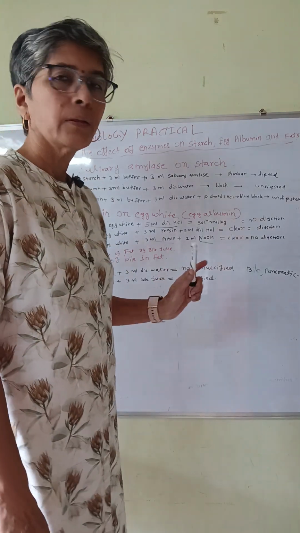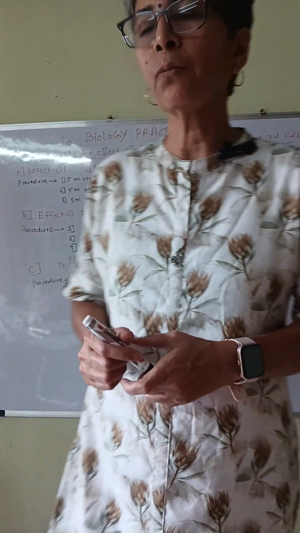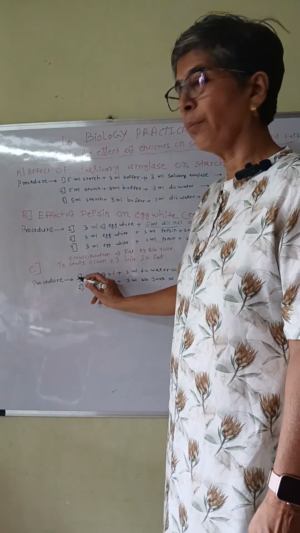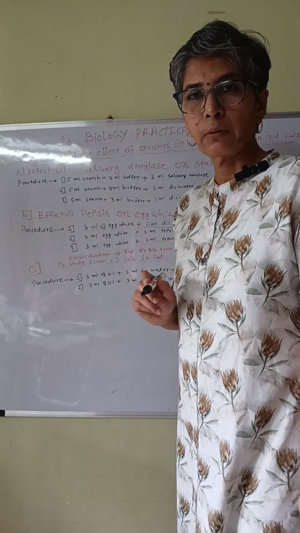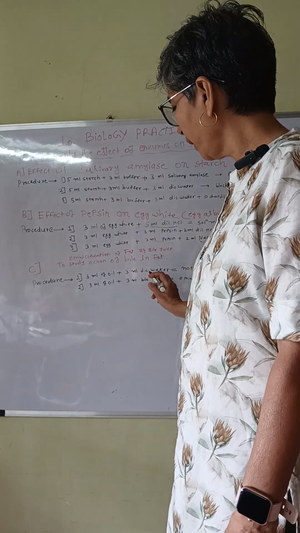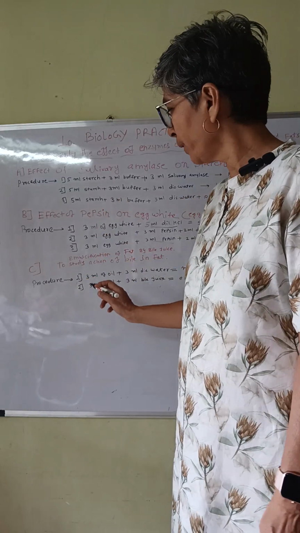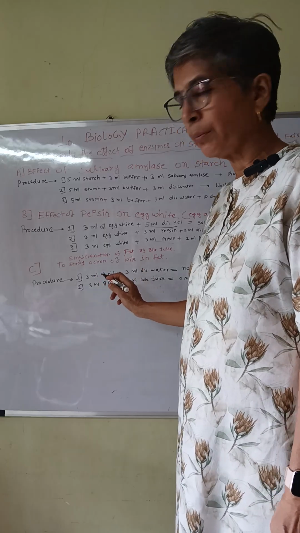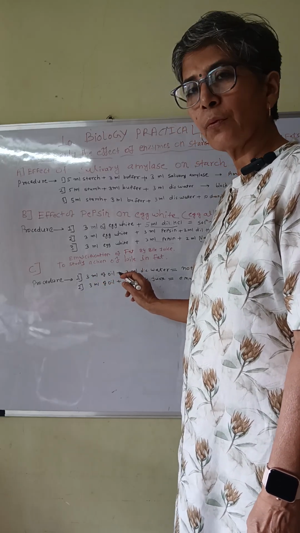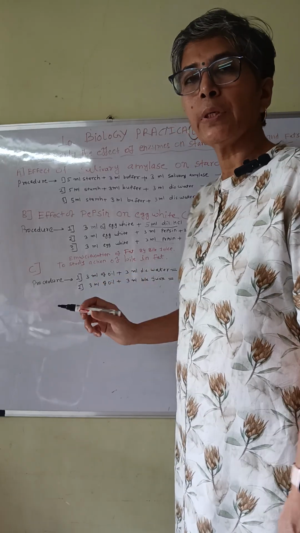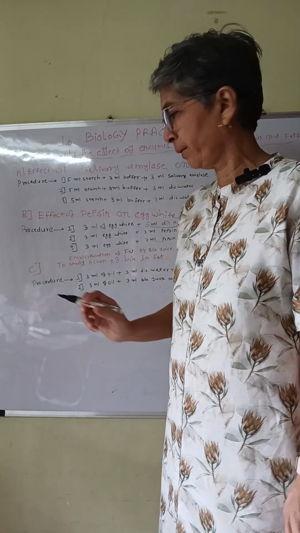Then add 3 ml of distilled water in test tube number 1. Okay, only add 3 ml of distilled water. So the ingredients in test tube number 1 are 3 ml of oil and 3 ml of distilled water. You got it?